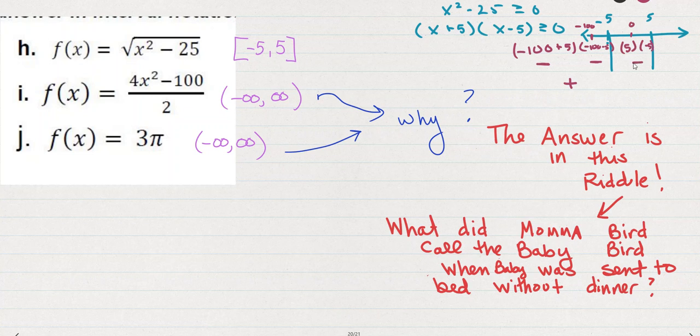So we come up with a negative result. And then pick a number in this interval. And we'd say that on this interval over here to the right, pick a number like 10. 10 plus 5 is positive. 10 minus 5 is also positive.